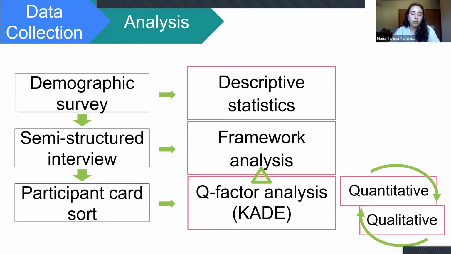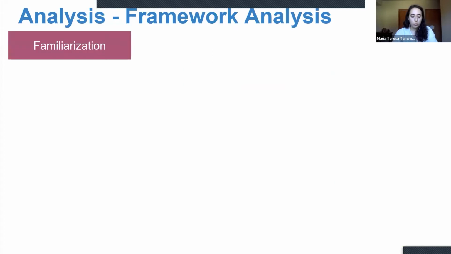But it's important to know that the framework analysis will be especially useful because the interview allows us to learn certain things, certain aspects that wouldn't necessarily come out only from the Q sort. And so again, what is this framework analysis? It's basically an analytical approach that is used in qualitative science to interpret qualitative data.